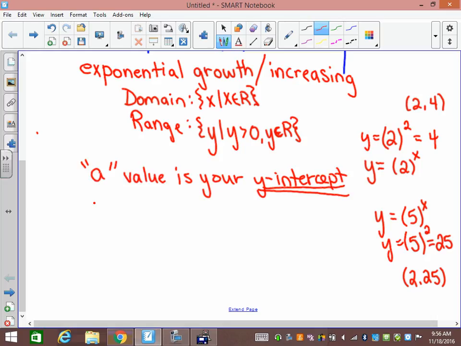Let's look at our equation. Y equals 2 times 2 to the x, or we had y equals 2 times 5 to the x. When you're finding the y-intercept, what do you always plug in?